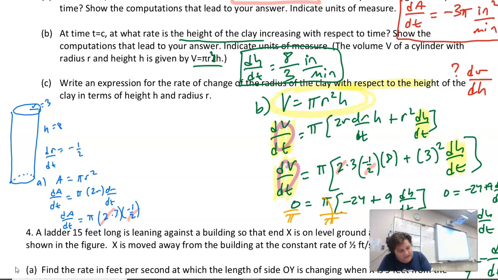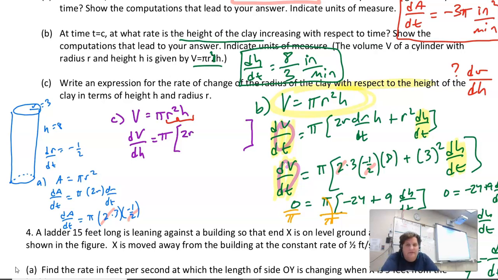Okay, so let's go with part C. Now, if my volume is pi r squared h, I'm going to take the derivative with respect to h. So instead of putting everything dt, you want to put everything dh. All right, check it out. dV/dh equals pi. Now I do got to do a product rule here, because those are both variables.